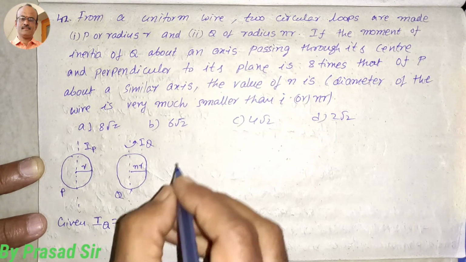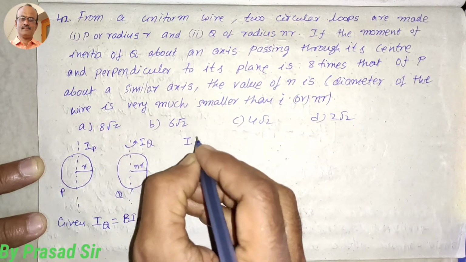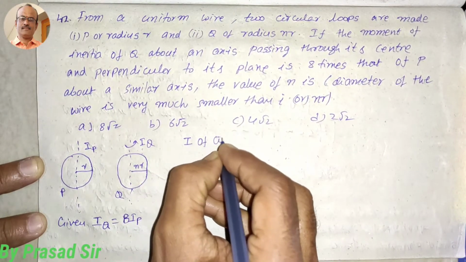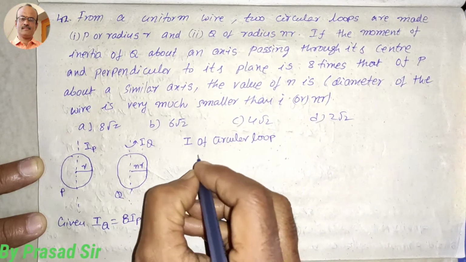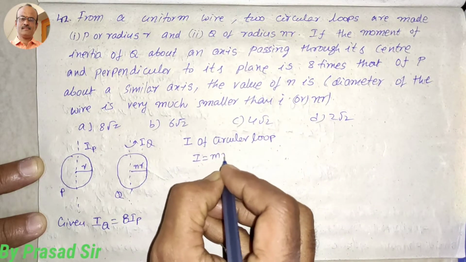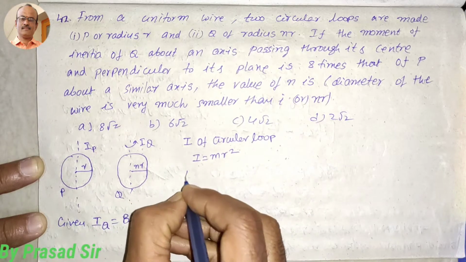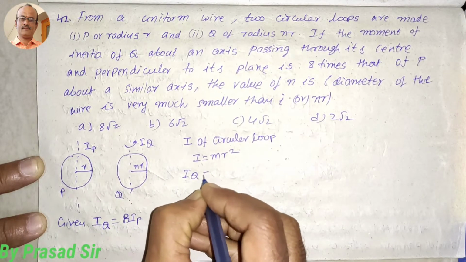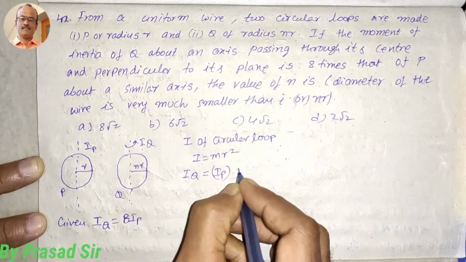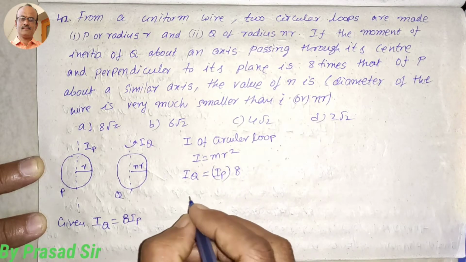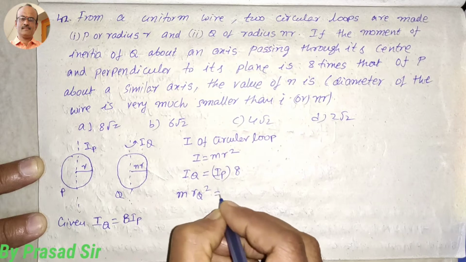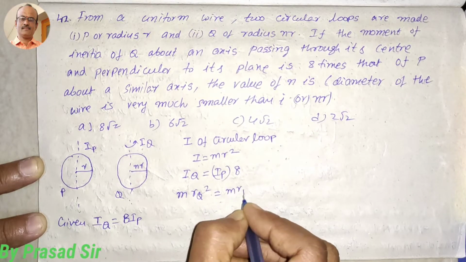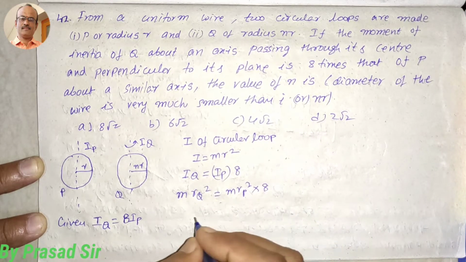So first of all, the moment of inertia of a circular loop I is equal to m r square. Then I Q is equal to I P times 8. So M into R Q square is equal to M into R P square into 8.